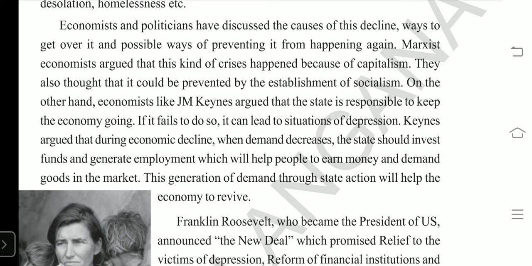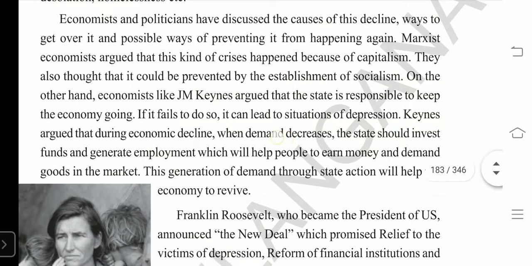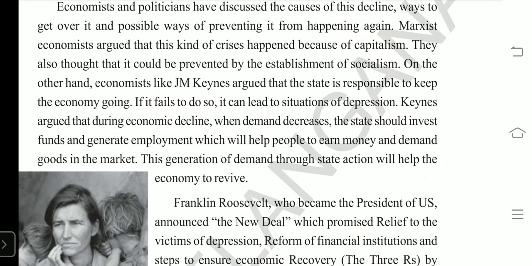On the other hand, some other economists like J.M. Keynes argued that the state has a great responsibility to keep the economy going. If the economy is declining, the responsibility is on the state. The state has to see that the economy goes on.